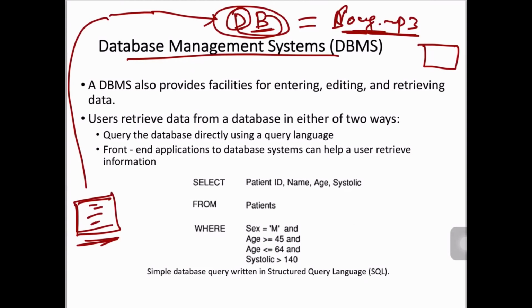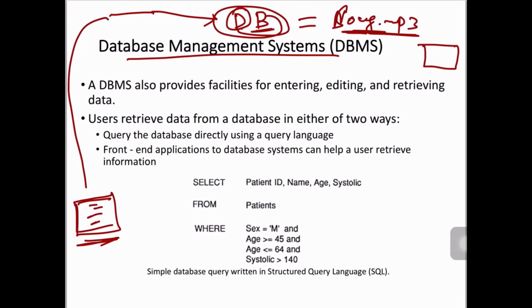Again, the difference: a database is a place where we store data, and a database management system is a software which runs the database. When we say it runs the database, what does this mean?